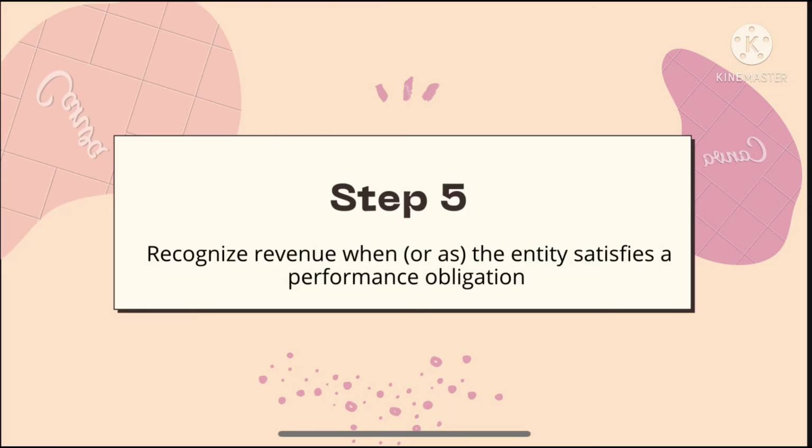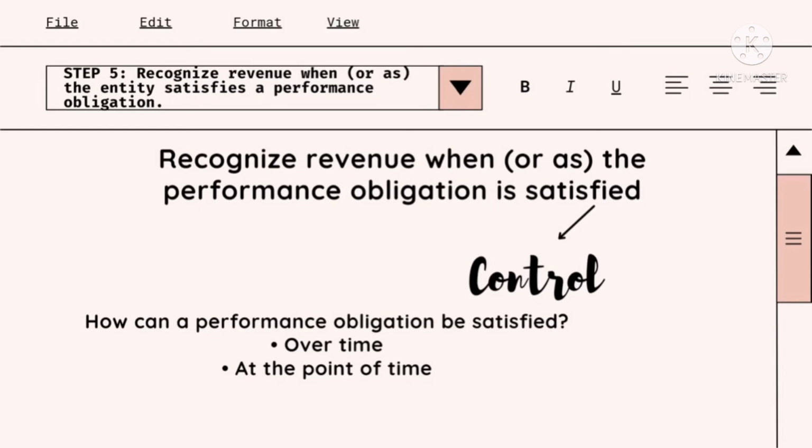Step 5. Recognize revenue when or as the entity satisfies a performance obligation. It is satisfied when a promised good or service is delivered to a customer or transferred, and that happens at the moment when the control of that good or service is transferred. There are two different ways of satisfying a performance obligation.